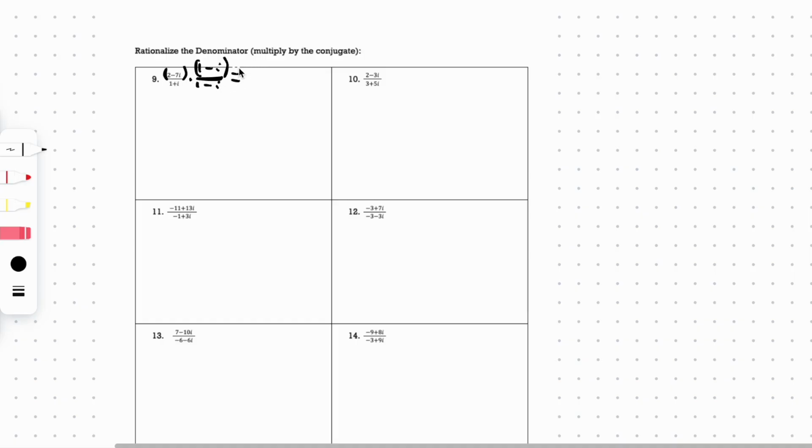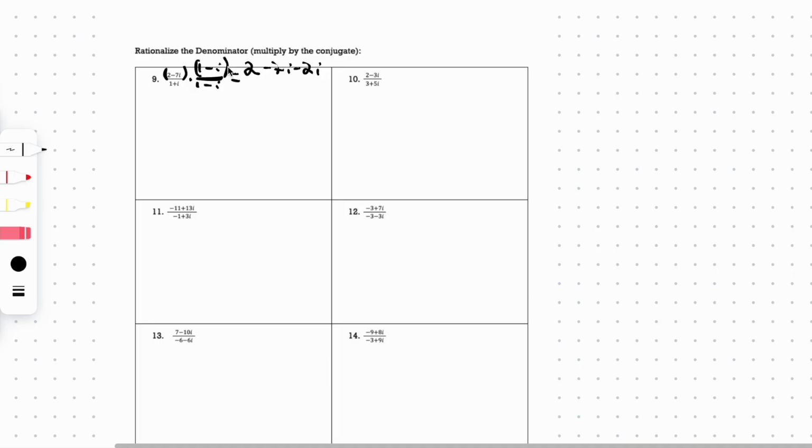2 times 1 is going to be 2. Then we do negative 7i times 1, which is going to be negative 7i. Then we have to do negative i times 2, which is negative 2i. And then we have negative 7i times negative i, so that's going to give us plus 7i squared.